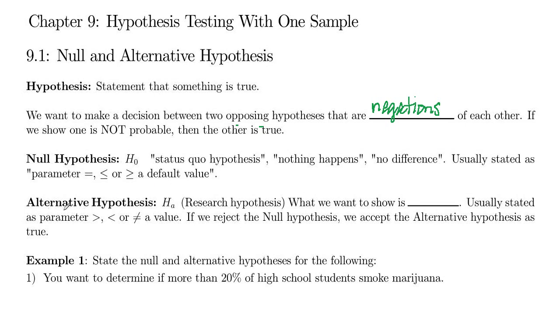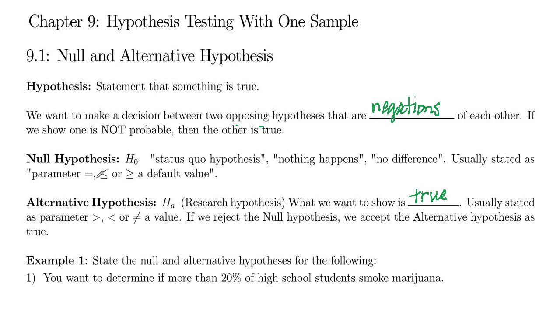The other hypothesis is called the alternative, so this is the negation hypothesis. That's denoted H with a subscripted A, also called the research hypothesis. This alternative or research hypothesis is what we want to show is true. So sometimes you'll start with your research hypothesis because that's what you want to show is true. It's usually stated as a parameter is greater than, less than, or not equal to some value.